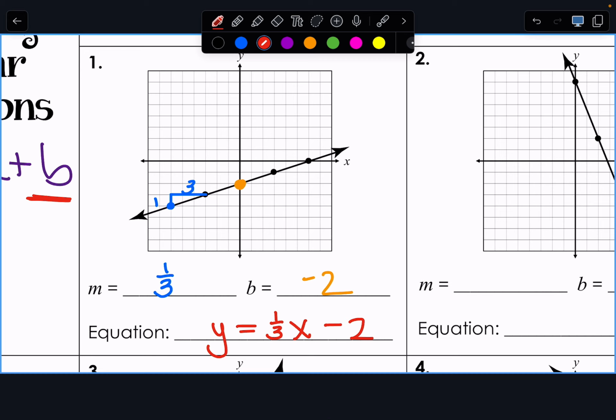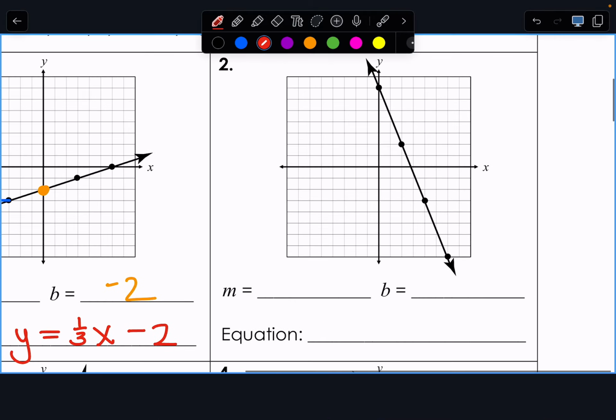Okay, do you have a question about number 1? Okay, we're going to talk about number 2 together. Now, what do you notice about the slope in number 2? Our line is falling, so our slope is going to be negative, okay? So whatever happens, our slope is negative.